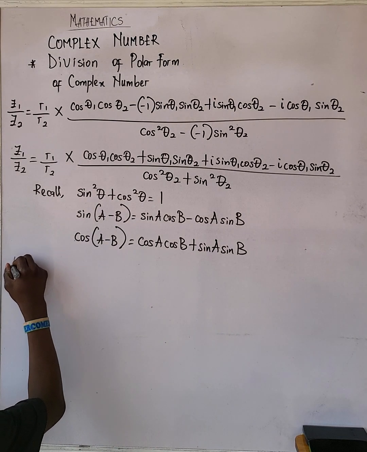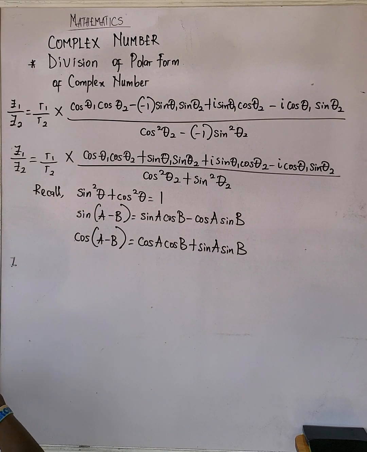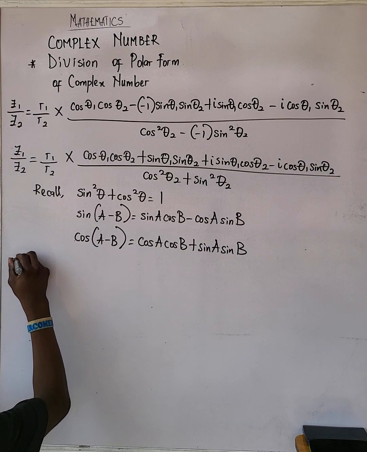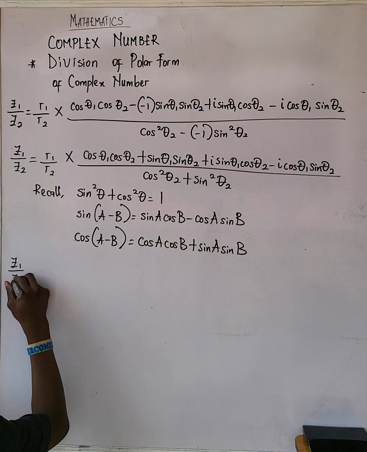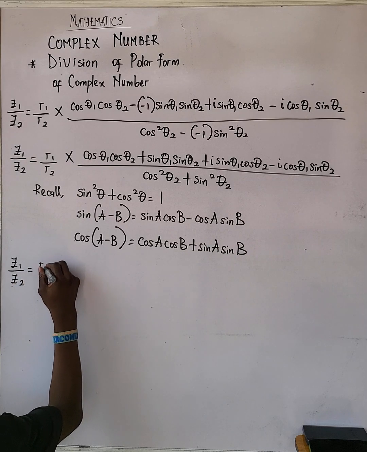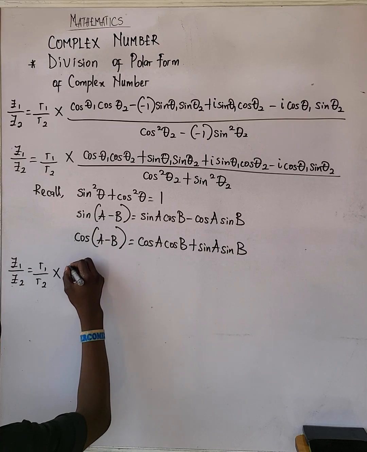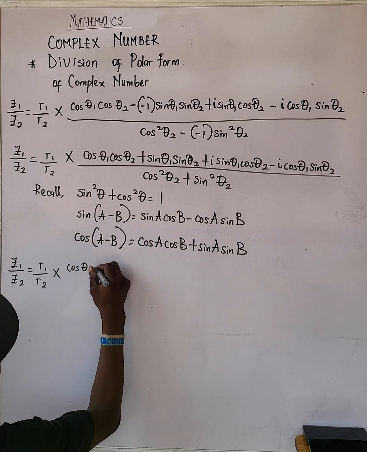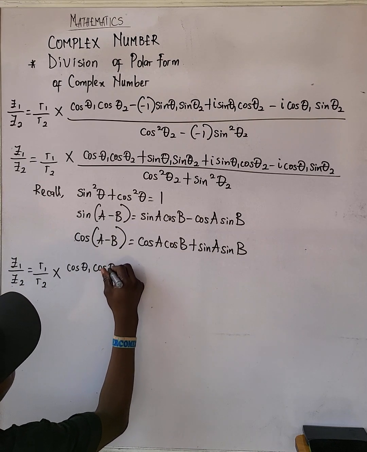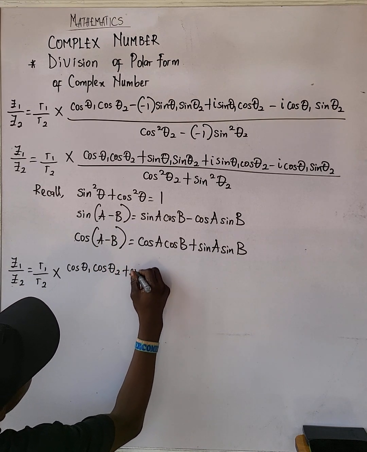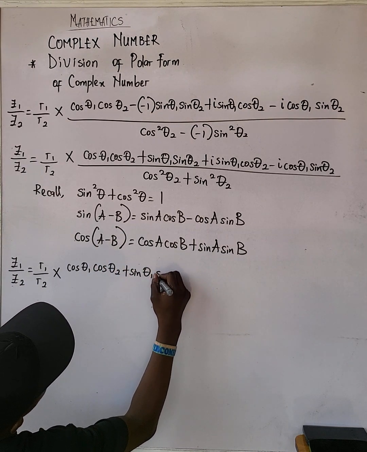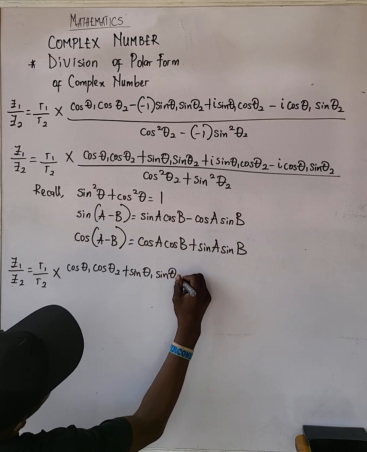We have Z1 over Z2 equals R1 over R2 multiplied by cos theta 1 cos theta 2 plus sin theta 1 sin theta 2.